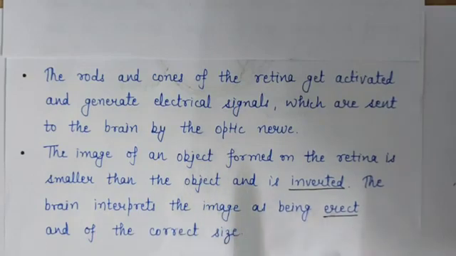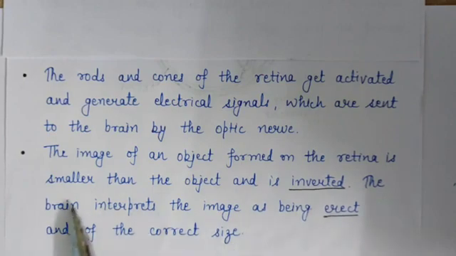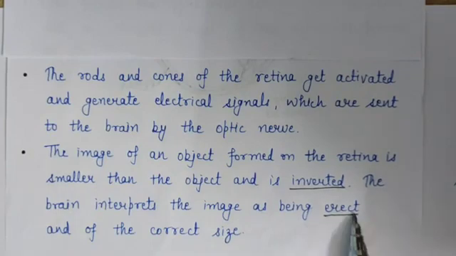Means it will change the image into an erect image and of correct size, the same as the size of the object. The brain changes the image into an erect image. So this is the complete working of the eye.